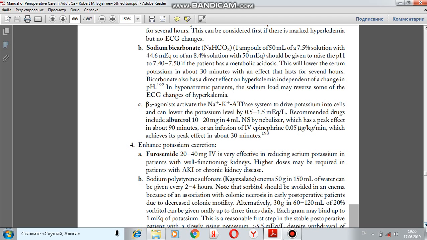Recommended drugs include albuterol 10 to 20 milligrams in 4 milliliters normal saline by nebulizer, which has a peak effect in about 90 minutes, or an infusion of IV epinephrine 0.05 micrograms per kilogram per minute, which achieves its peak effect in about 30 minutes.